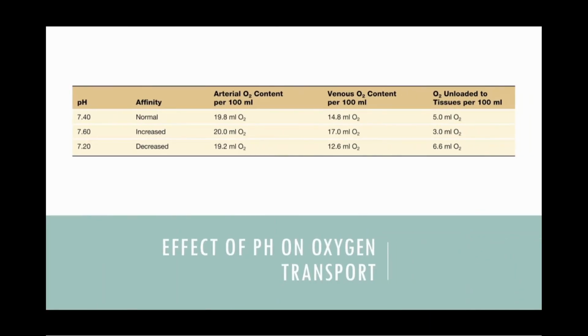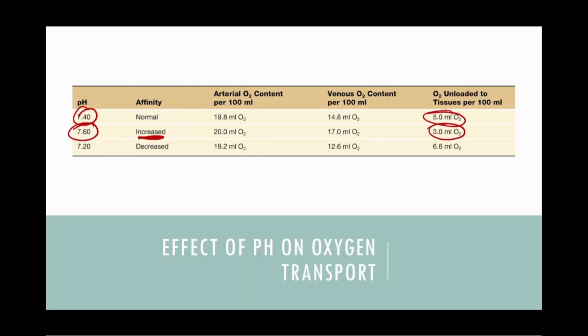So that's pH. You can see here, just mathematically showing at a normal pH of 7.4, 5 units are unloaded to the tissues. When pH levels rise, become more alkaline, the affinity increases. So we increase the affinity. The hemoglobin is going to hold onto the oxygen.